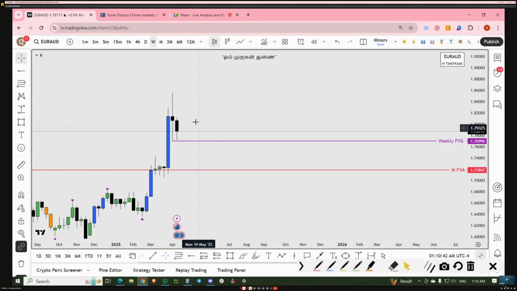You can see this gap is not a breakaway gap, right? The third candle of the FEG closed within this, and there's more probability for the price to come and touch this. So there's most possibility that the price can come and touch this before going higher.